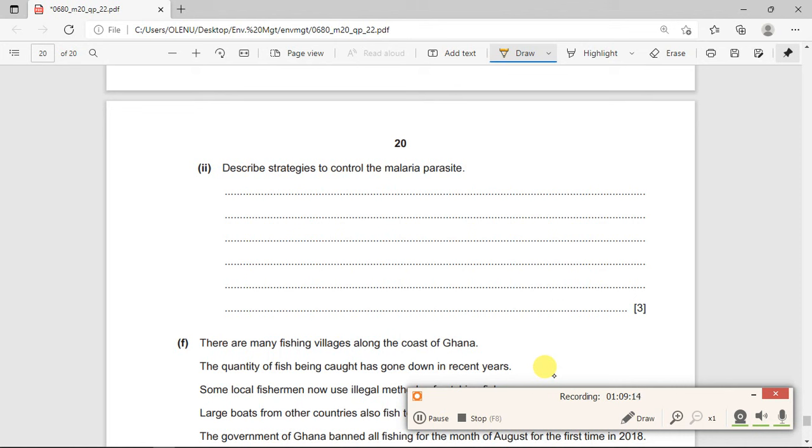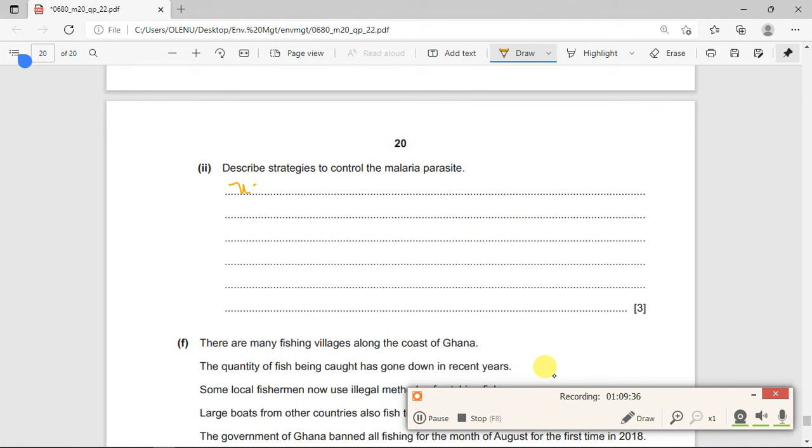Good. Describe strategies: drain stagnant water.